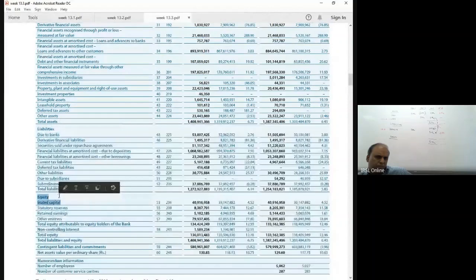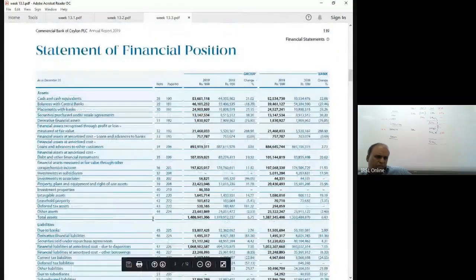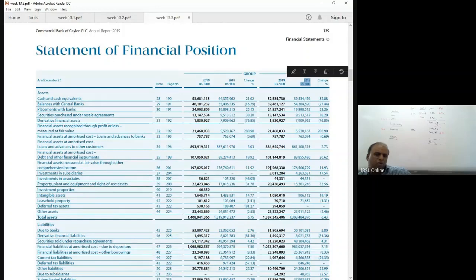You see? So all three elements are given, and what is shown in black is your current financial year, that is 2019, and your previous financial year is 2018, which is given in blue, and that is your comparative information.